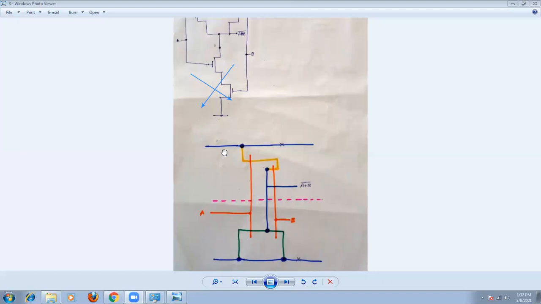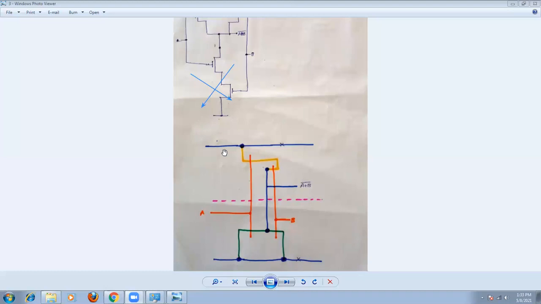Similarly, we are going to use the metal 1 layer and contacts. We are not using the buried contact, only the ordinary contact. Whenever metal 1 is joined with any other layer, we use a simple, ordinary contact.